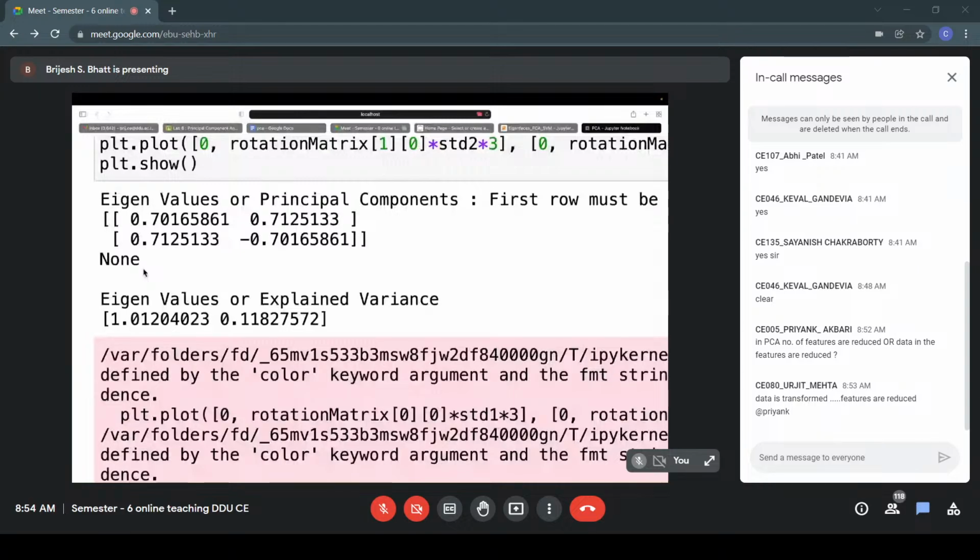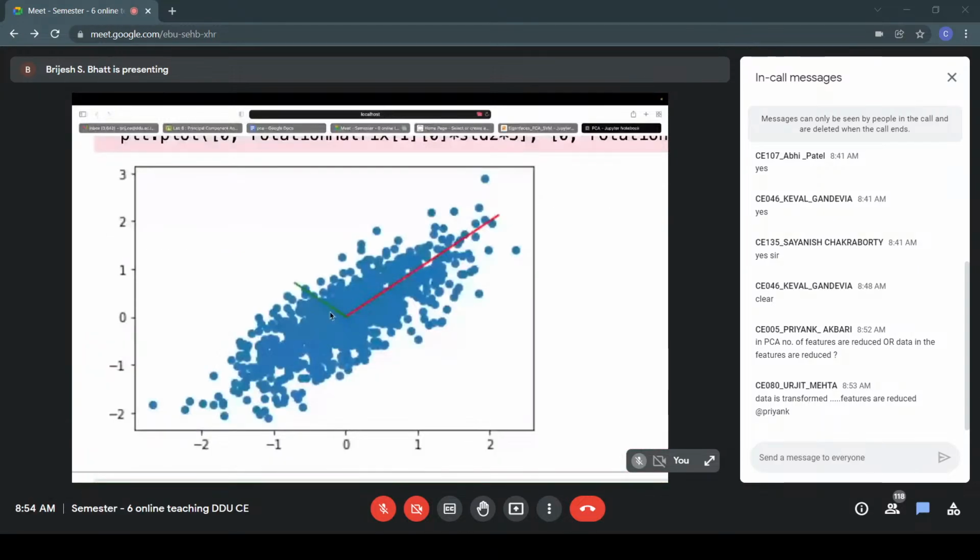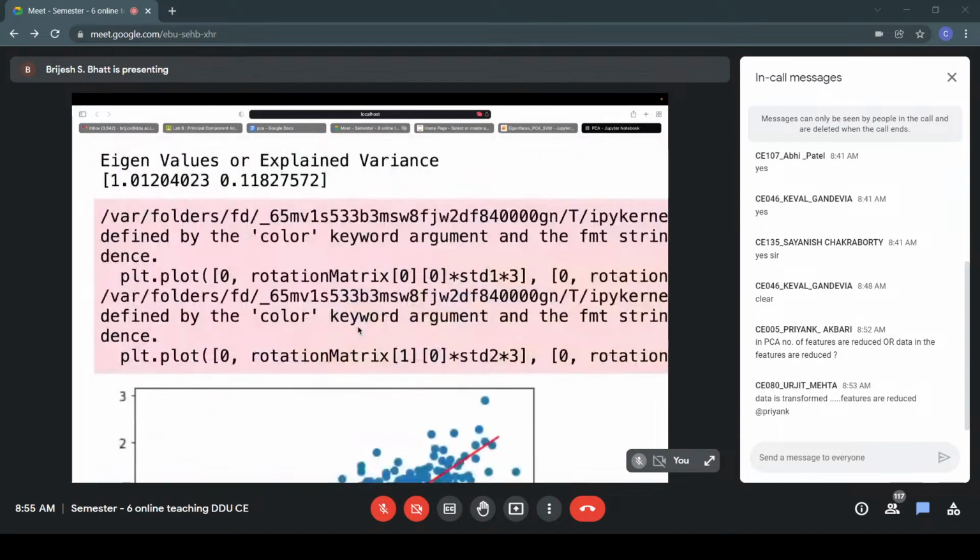So variance is lower along the green line, and variance is higher along the red line, the red principal component. Had the data been a completely round or square shape, in that case both your eigenvalues would be almost equal. That also you can try yourself by generating the data.